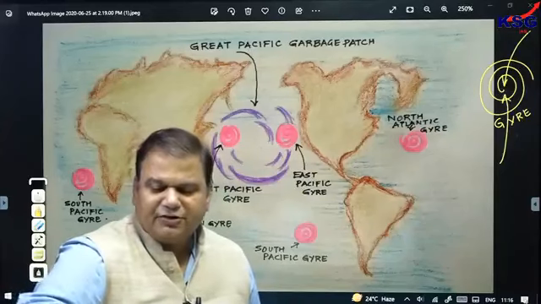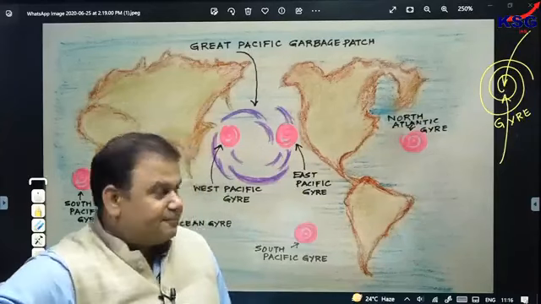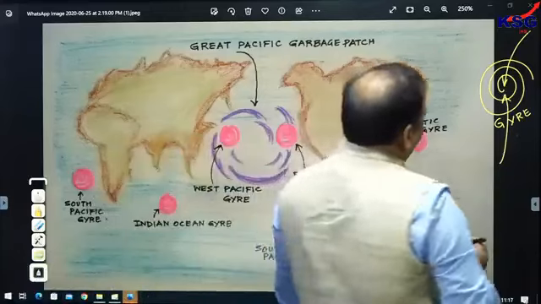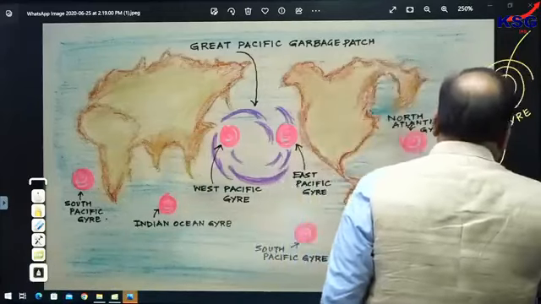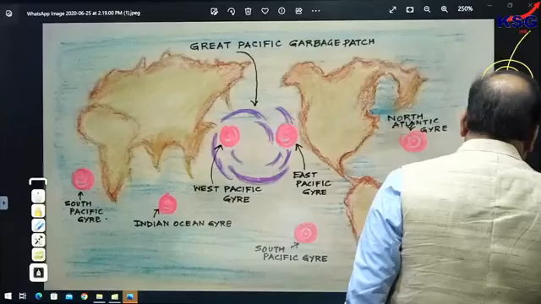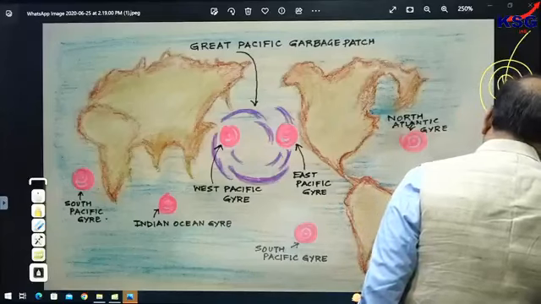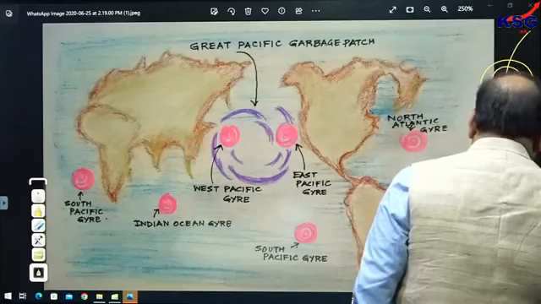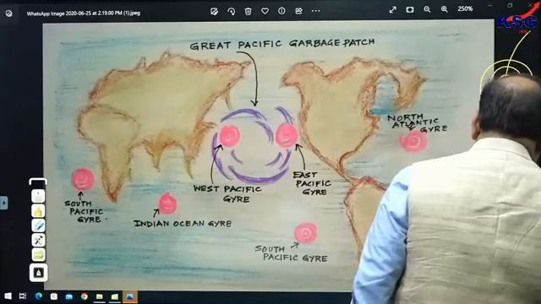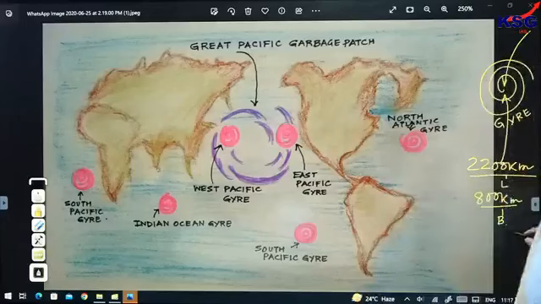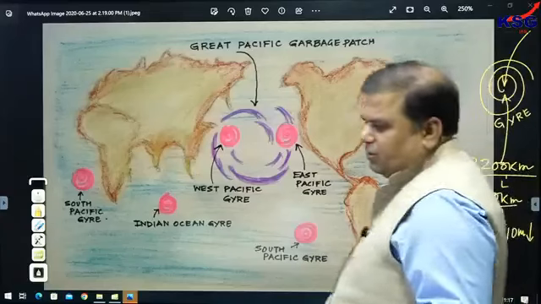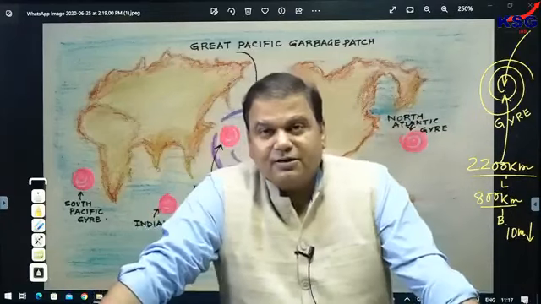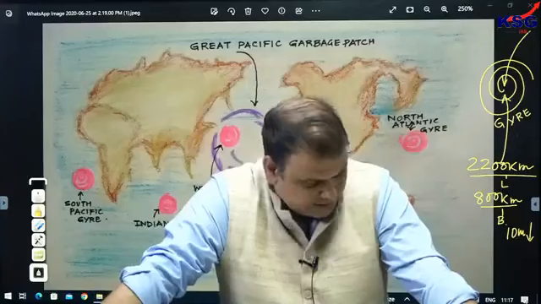A suspended trash is present, which is 2,200 kilometers in length, 800 kilometers in breadth, and 10 meters deep.